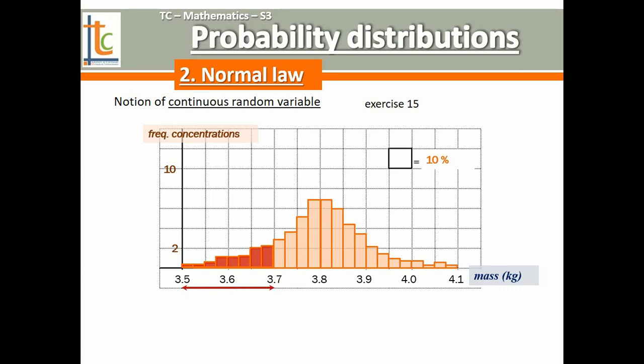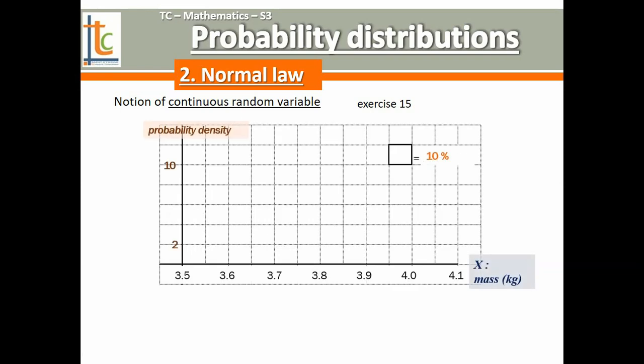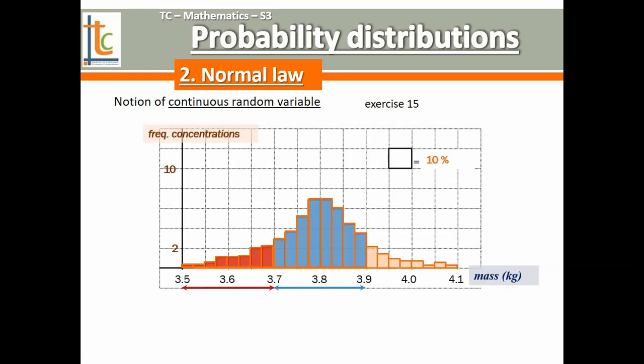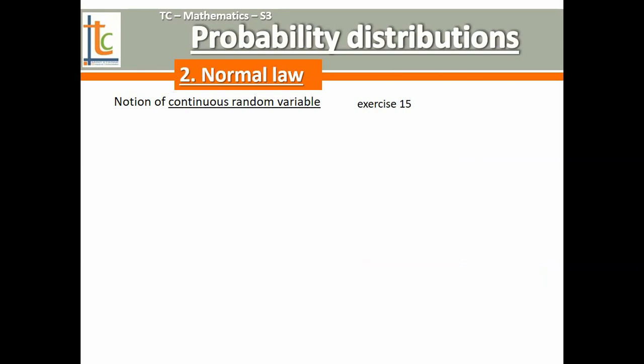So we're still in a discrete kind of values because of the presence of the intervals. But let's imagine now that we can measure the mass of not 200 objects but an infinity of objects, and we can measure their masses with an infinite precision. Now we would have a histogram that consists of an infinite number of rectangles, infinitely thin.